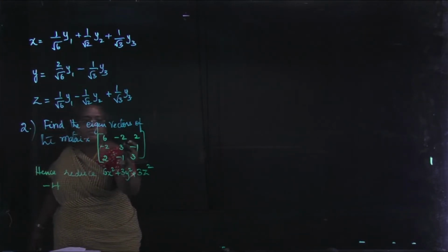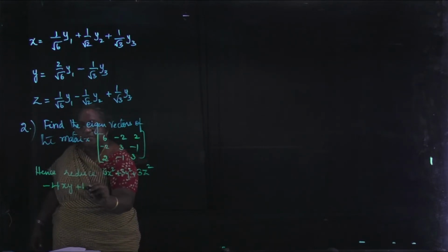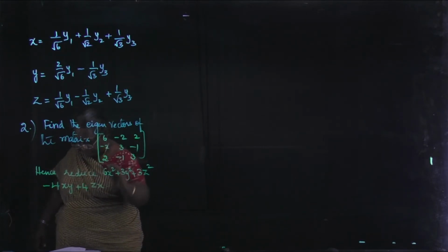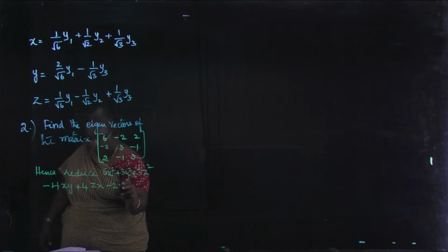So this is corresponding to x and y, so it is minus 4xy, and these two values are corresponding to this one. These two are corresponding to zx, so means plus 4zx. Next, remaining these two correspond to yz. So this is minus 2yz.